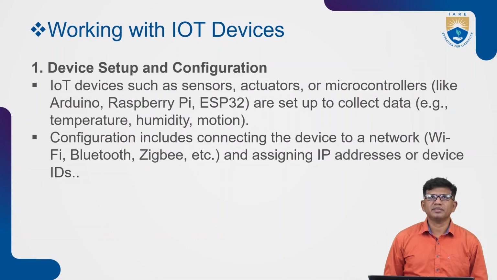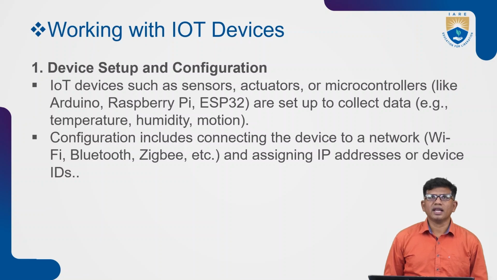The first step collects information from the actuators and microcontrollers, and we see what different types of physical devices we are using here: Arduino, Raspberry Pi, ESP32. These are the commonly used hardware systems that are controlled with the IoT system.